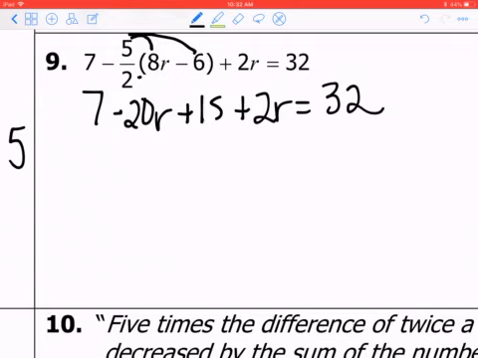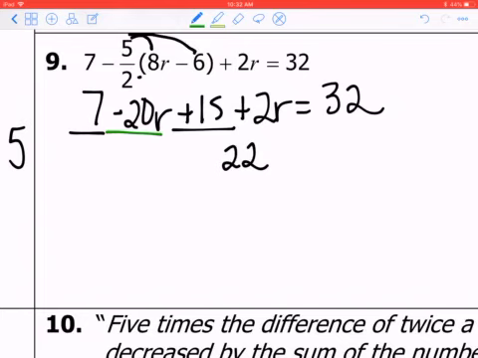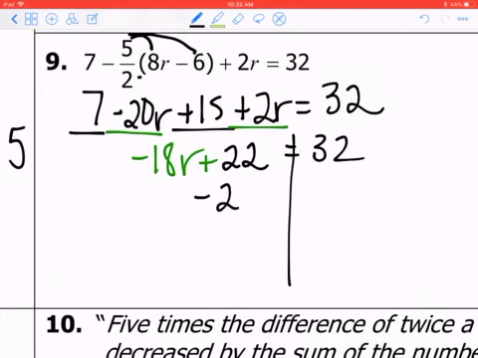Alright, now we're ready to combine like terms. So we have 7 plus 15, which is 22. I have negative 20 plus 2r, which is negative 18r. And that equals 32. Right, from there, you're going to solve it by subtracting 22.